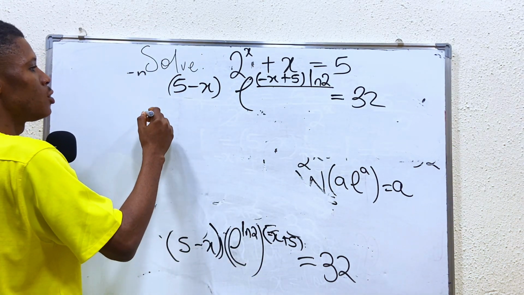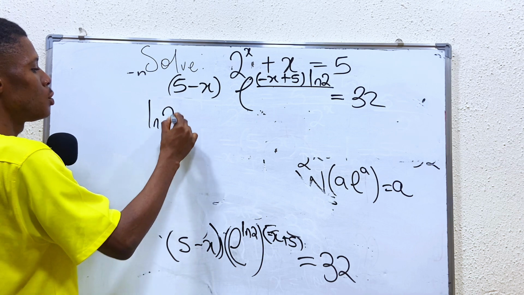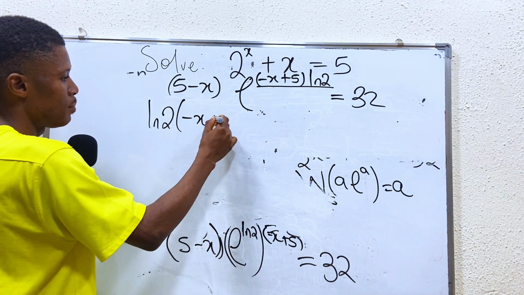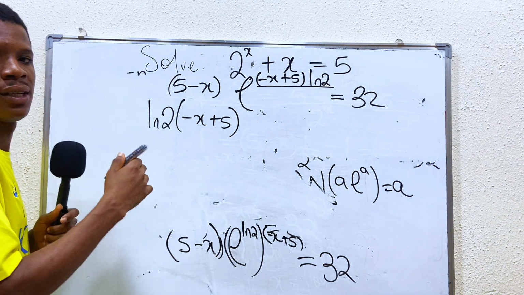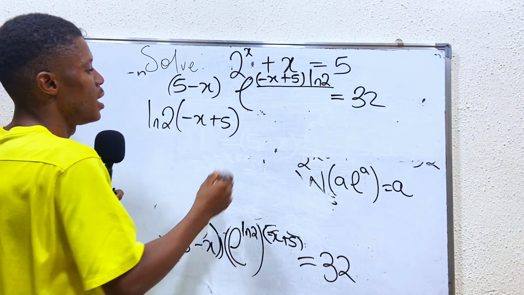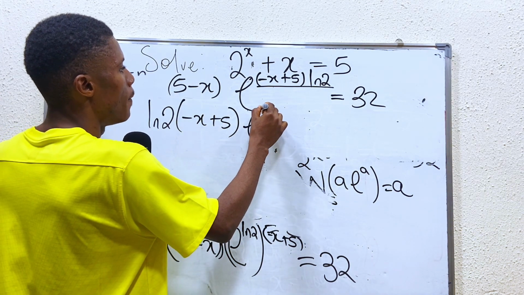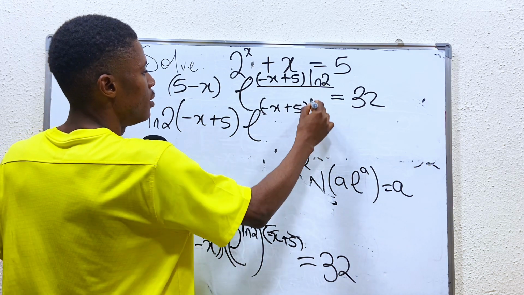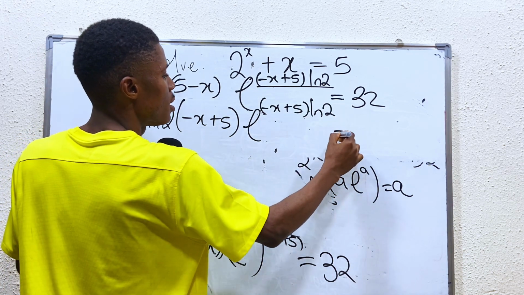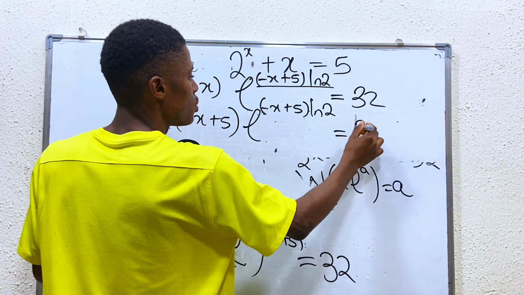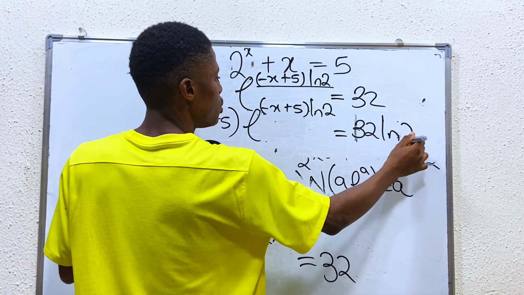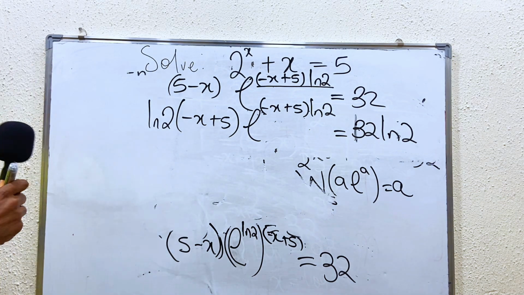So we now have ln 2 into minus x plus 5, which is the same thing, nothing changed, exponential minus x plus 5 times ln 2, equals 32 ln 2. Okay, that's what we have here.